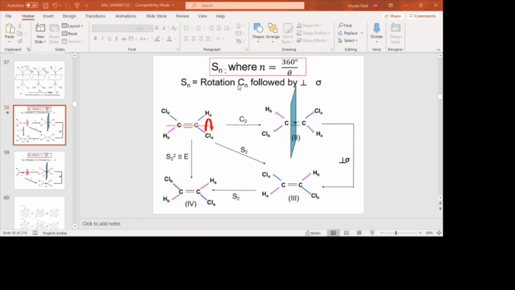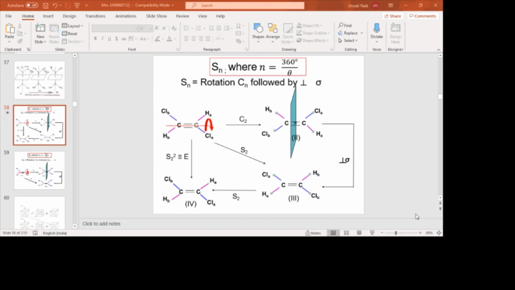So now you can easily understand why I am saying that this Sn is not actually a proper axis of rotation. No doubt, in some molecules, the same axis, like I have considered this C2, can be considered a proper axis of rotation, and the same axis may be considered an improper axis of rotation, but it is not always the case for all the elements.